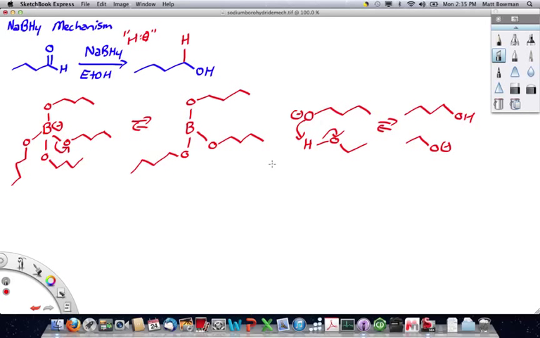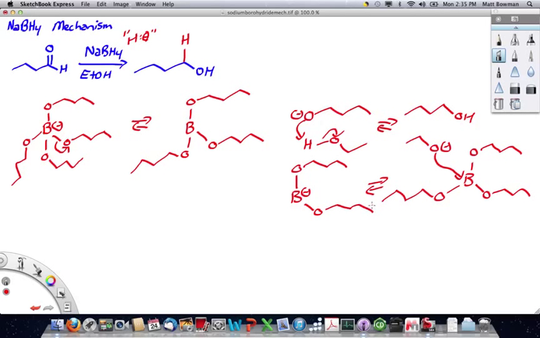Then the ethoxide enters in this equilibrium, like so, and another one of these falls off.